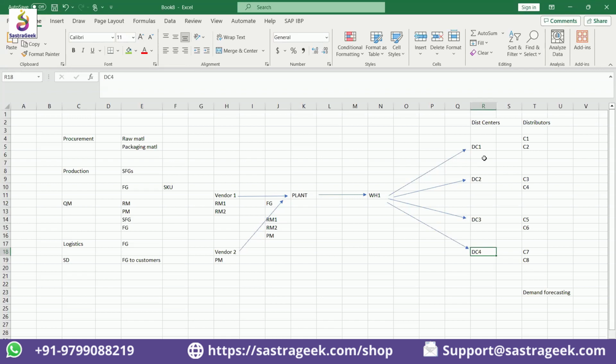Some organizations will predict this at an individual finished good level. Some organizations will predict it at an aggregated level, which could be a product family, product subfamily, or a formulation based on the nature of the goods, and then disaggregate that forecast at a finished good level, right? I purposefully specified this because there is a concept of aggregation and disaggregation.